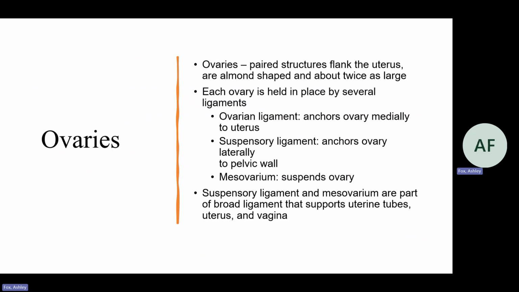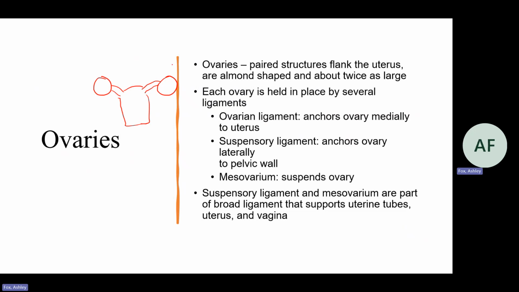So we look at the ovaries. There are two of them normally. They're going to be around the uterus, so a lot of times flanked on both sides, and then you have uterine tubes coming in to the uterus here.